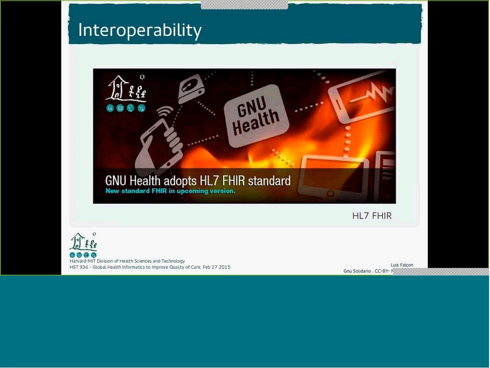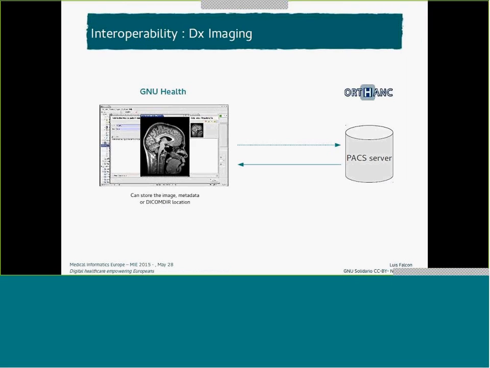You are going to be able to get the resources of specific patients, and this information not only from the GNU Health native client, but now you are going to be able to retrieve and update information in HL7 FHIR.